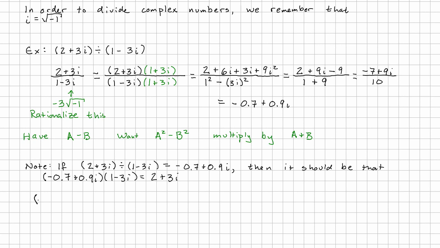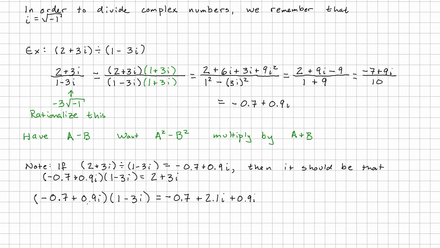So we take -0.7 plus 0.9i times 1 minus 3i. That gives us, well, -0.7 times 1 is -0.7. -0.7 times -3i is plus 2.1i. 0.9i times 1, that's plus 0.9i.